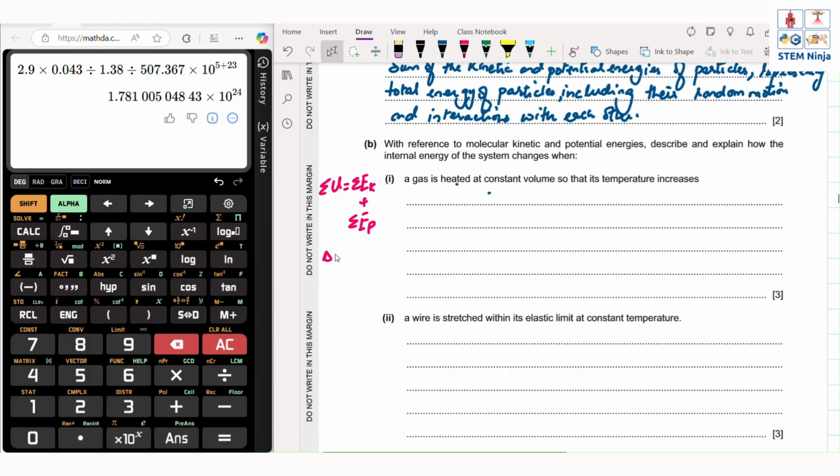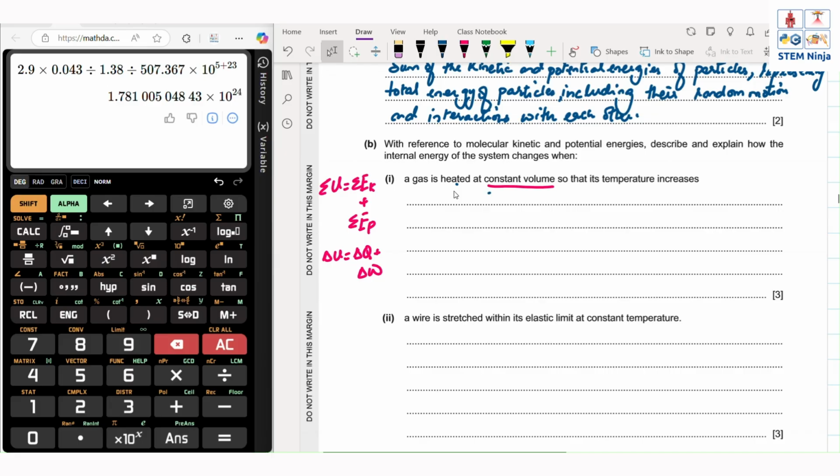Also, the net change in internal energy is caused by the change in heat, addition or reduction of heat, plus the work done on the system. So when the gas is heated at a constant volume, no work is done on or by the system. So that means the change in internal energy is only coming from the heat supply.